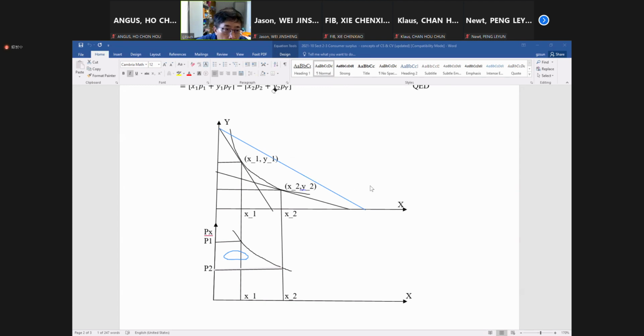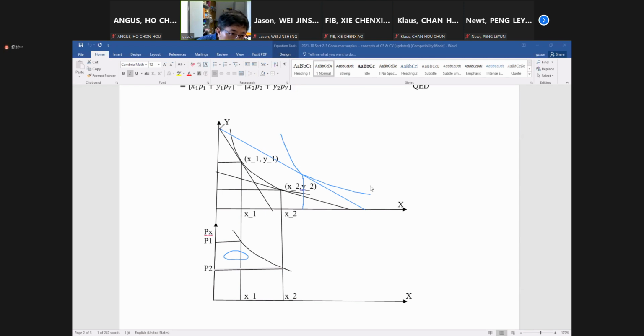Let me redraw it a little bit better, I hope. Okay. When the price changes but the income doesn't change, what's the consequence for the consumer? If the consumer spends all the money on good Y, nothing changes because the price of good Y doesn't change.